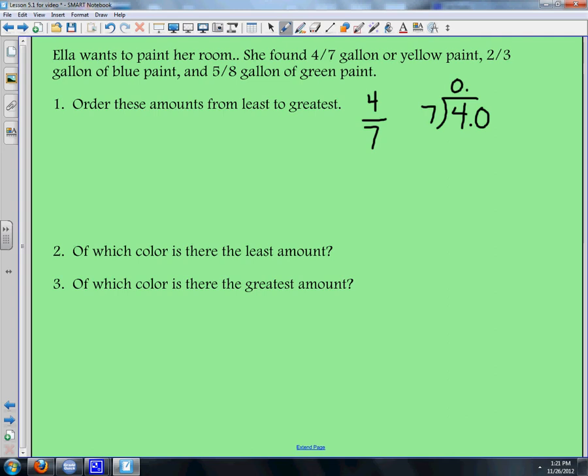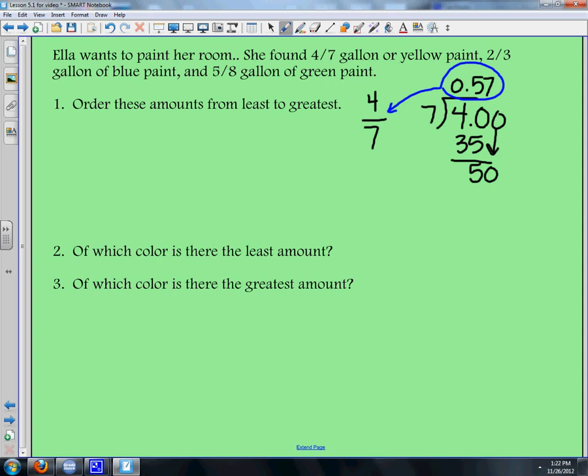And 7 goes into 40 5 times, which is 35. And then I have 5 remainder, and I bring down another 0. 7 goes into 50 7 times. So it's 0.57.